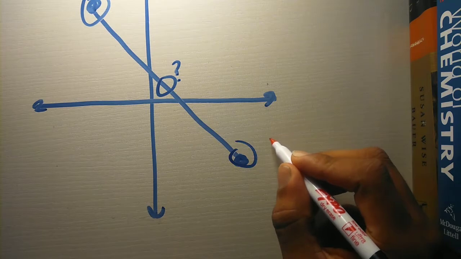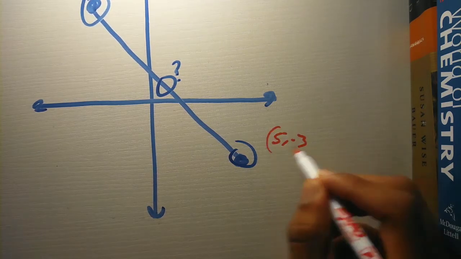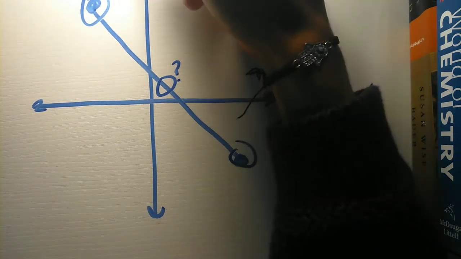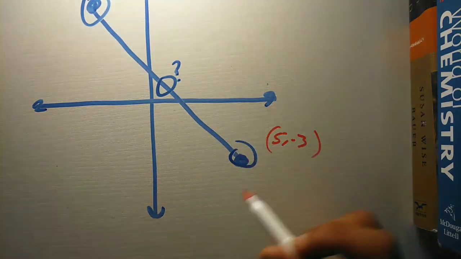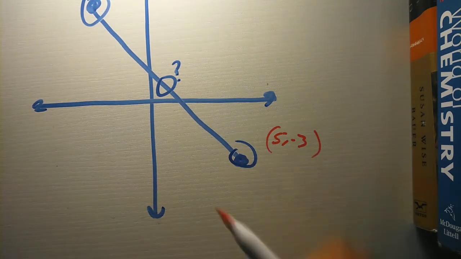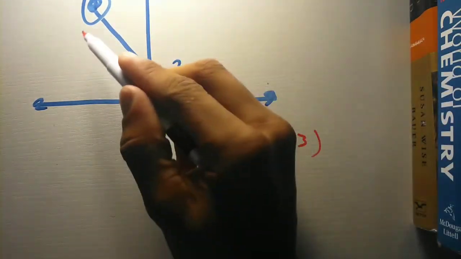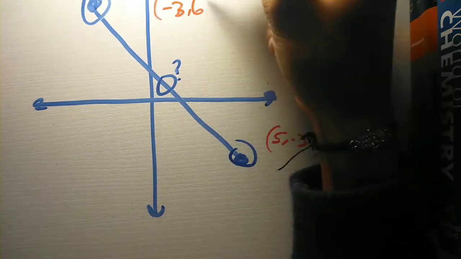Let's say this is 5, comma, -3, and let's say this one is -3, comma, 6. Oh, you can't see it. My apologies. Let's write it down here. This one right up here is -3, comma 6.